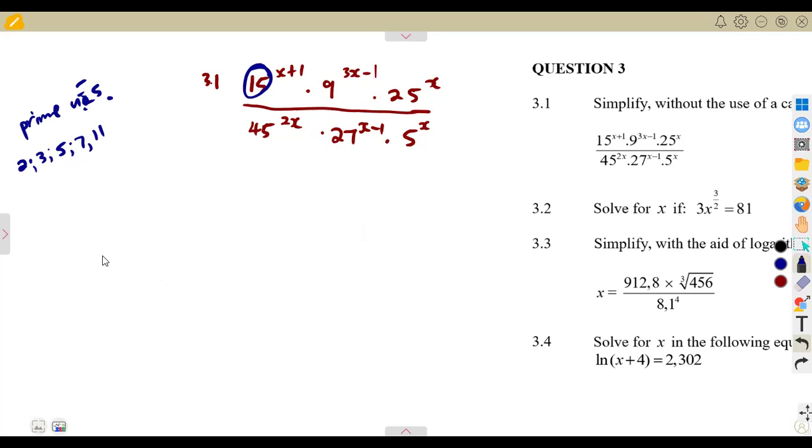No, 15 is not a prime number, but we can express this as a product of two prime numbers, 3 and 5. So this 15 that we are seeing here is the same as 3 times 5, to the exponent of x plus 1.